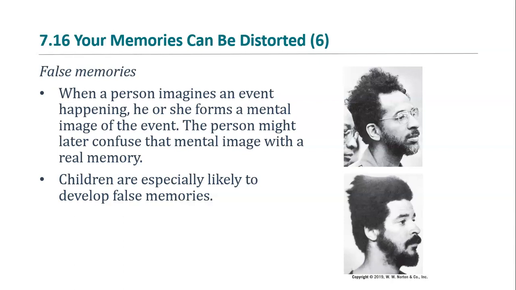So our eyewitness memories for viewings of strangers can be very inaccurate. And there are numerous cases where people have been convicted, sent to prison, and then later exonerated by DNA evidence or other evidence that showed that they couldn't possibly have done this. Of the first 100 people in the U.S. who were exonerated by DNA evidence, 2/3 of them had been identified by eyewitnesses as the perpetrator.